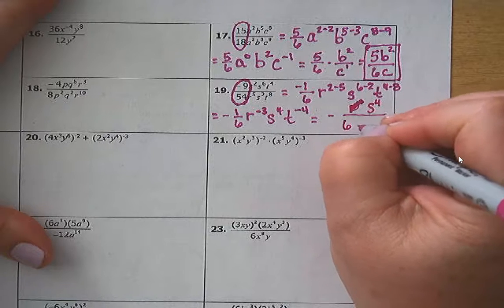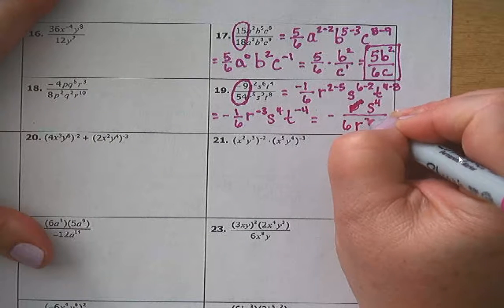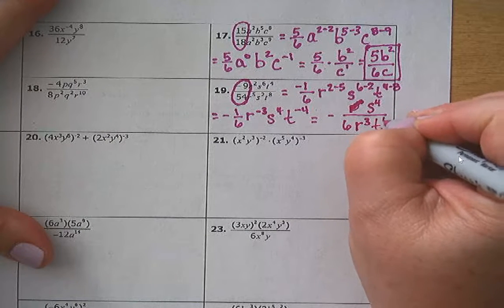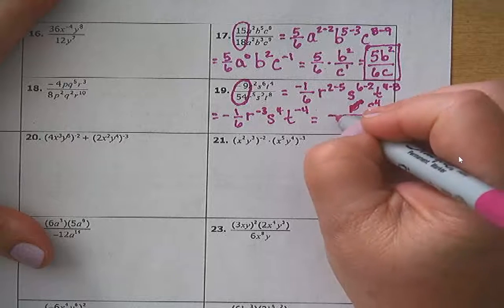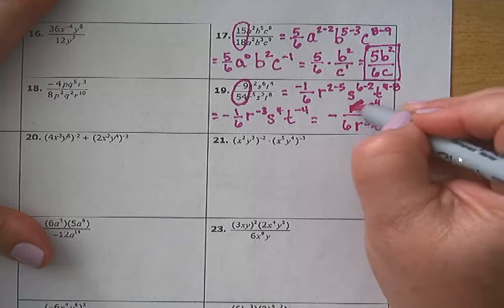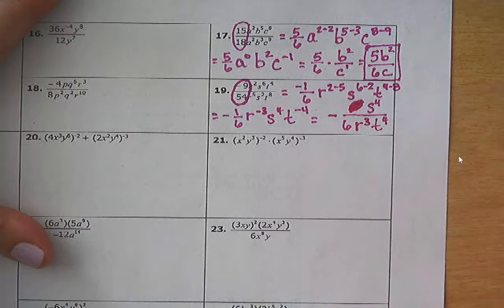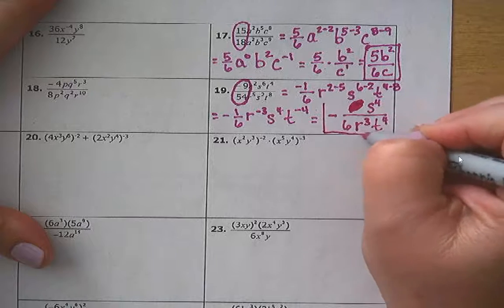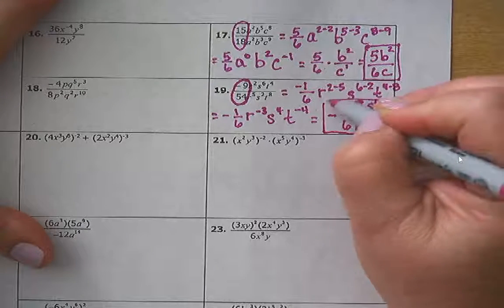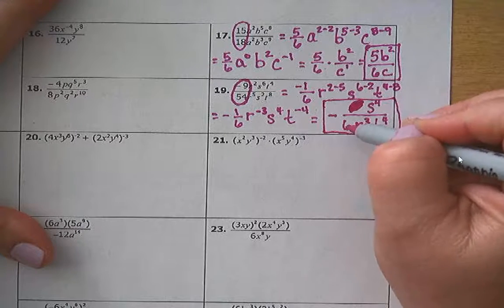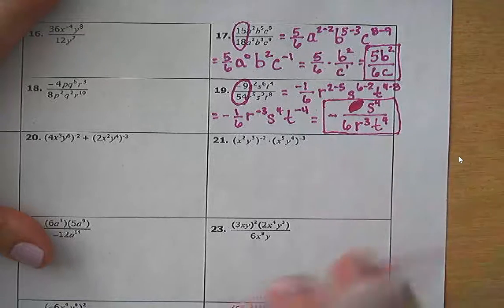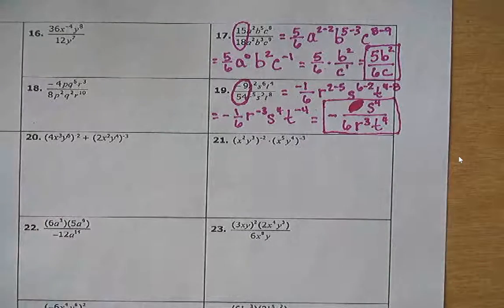Down here I have a 6, R to the 3rd, T to the 4th. So again, the negative sign can go here, just ignore this splotch. Or the negative sign can go in the numerator with the S to the 4th, or technically it could go down here too. The negative sign can go anywhere as long as there's only 1.